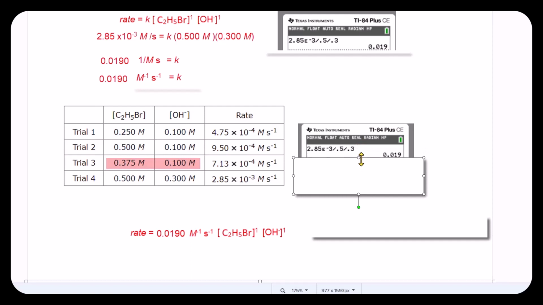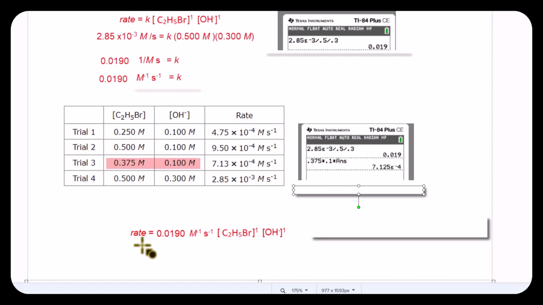Here's my calculator. I'm taking my 0.375 molar here times my 0.1 times my constant. I didn't retype it in, and I get 7.125 times 10 to the negative 4. And look, that's the same result as experimentally.